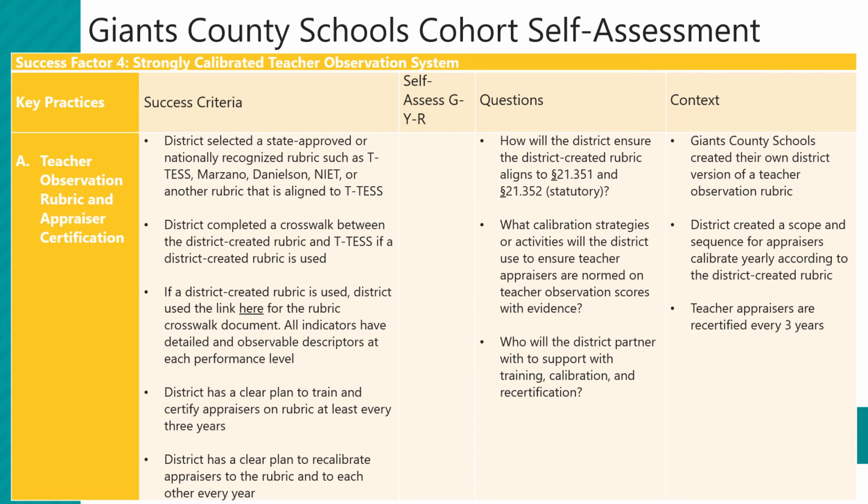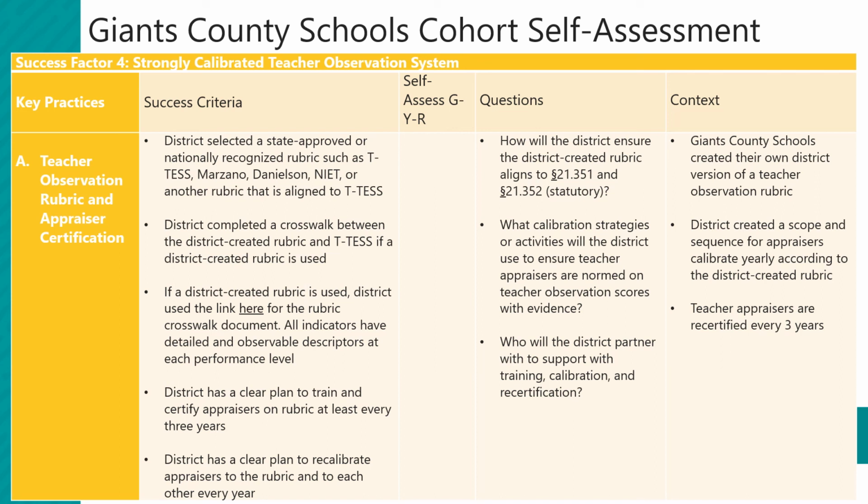Please note that although there are multiple key practices within a success factor, we're going to ensure that we understand how we can actually come up with context, questions, next steps, and self-assess with green, yellow, and red just for one. And then once we can apply that skill to one key practice, we can do so with multiple.